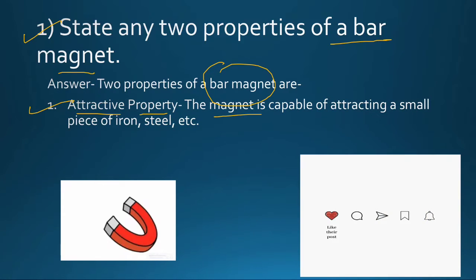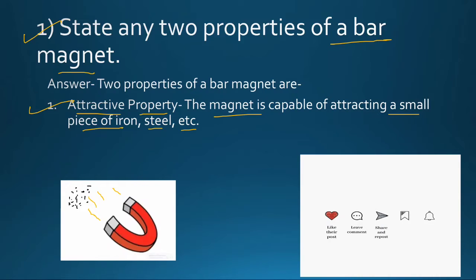The magnet is capable of attracting a small piece of iron, steel, etc. As you can see, this one is the picture of a magnet, and the magnet has the power to attract the iron pieces or steel pieces.